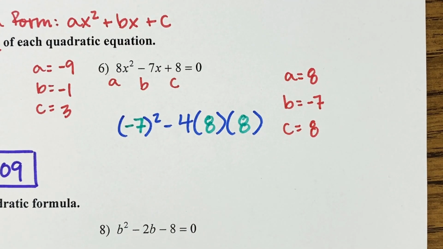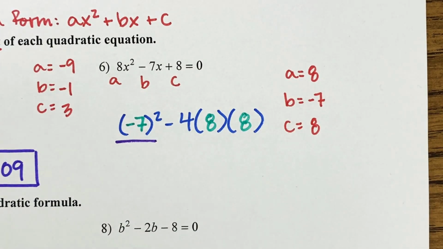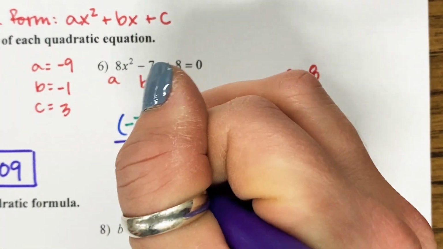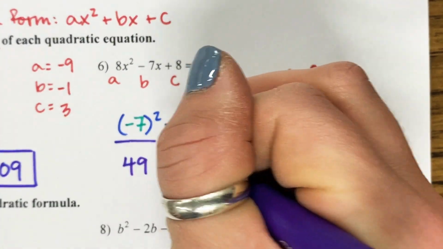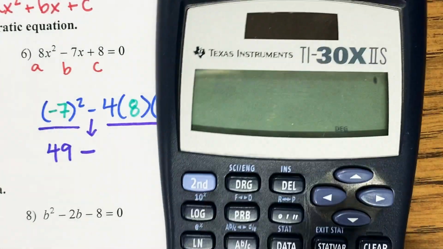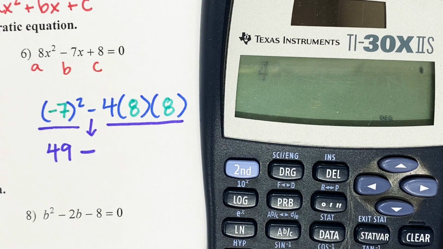We filled it in, now we can go ahead and solve. I have -7 squared. What is -7 times -7? That's going to give me a positive 49. It's going to subtract our next piece, which, if you want to do this in the calculator, you're more than welcome to, is 4 times 8 times 8.